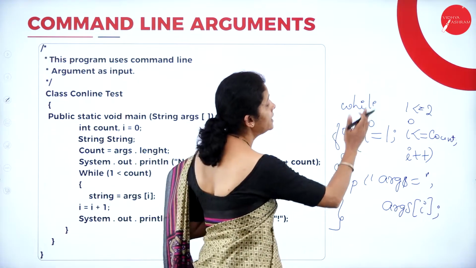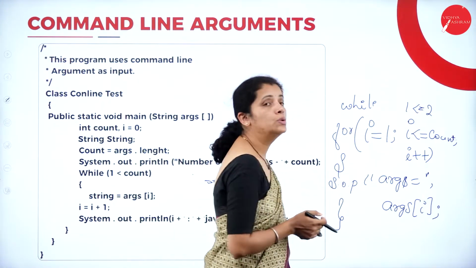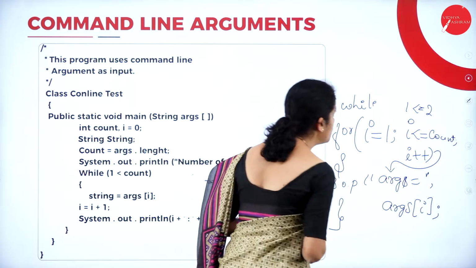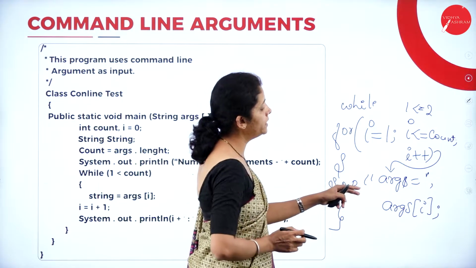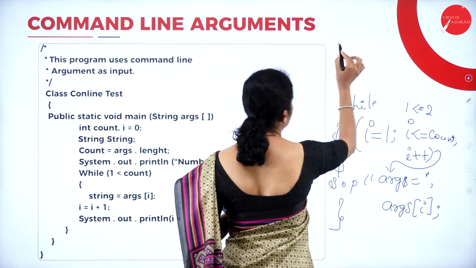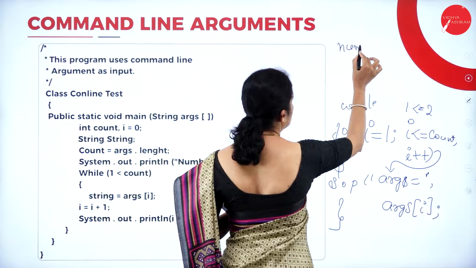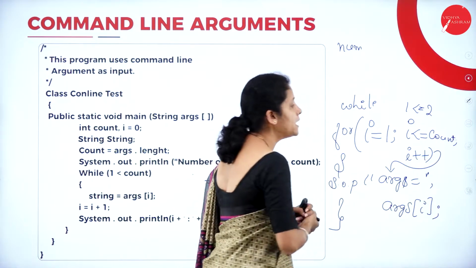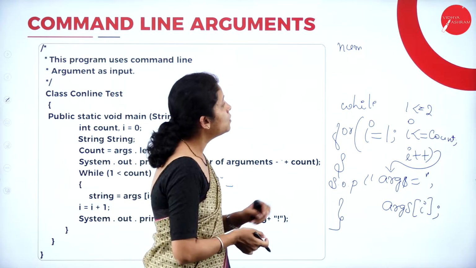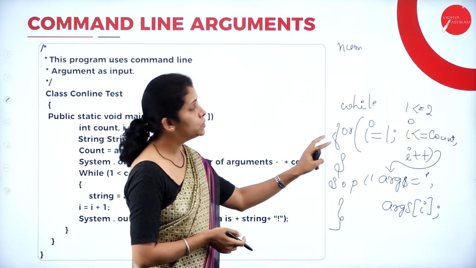Now i less than or equal to 2, it is true. So the control enters into the for loop. Now I'm going to print args of i, that is, I'm going to print the first argument. Now I'm going to increment i by 1. Now i is 2. 2 less than or equal to 2, it is true.